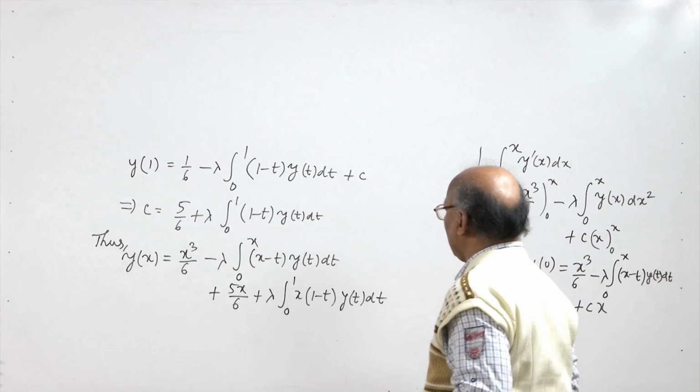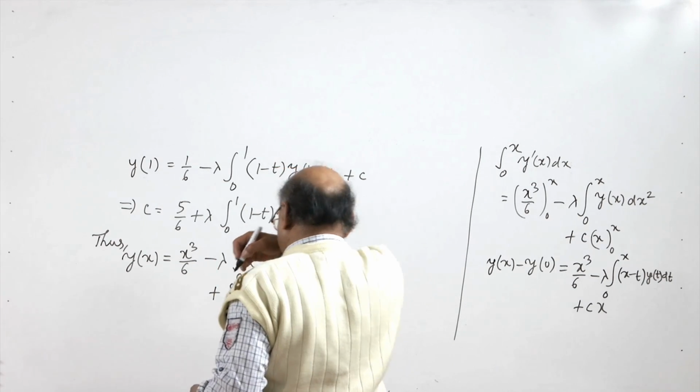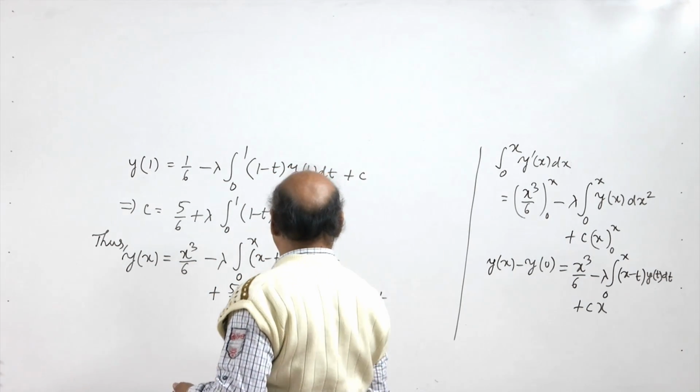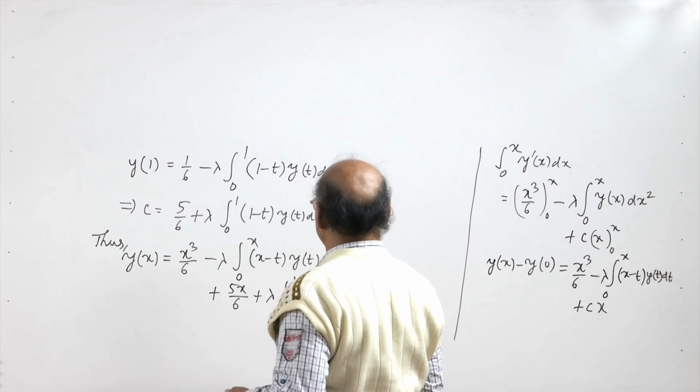Now we have to write it in terms of y; what we do is we break this interval 0 to 1 into 0 to x and then x to 1.